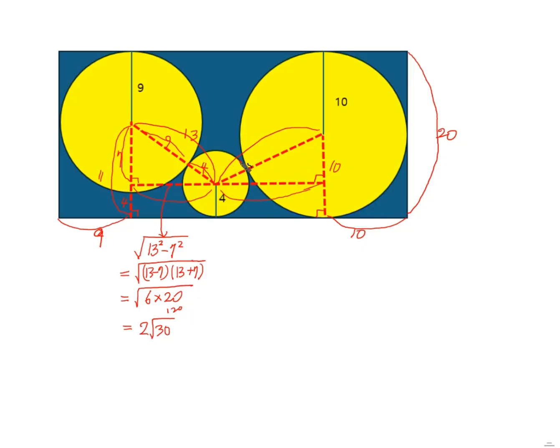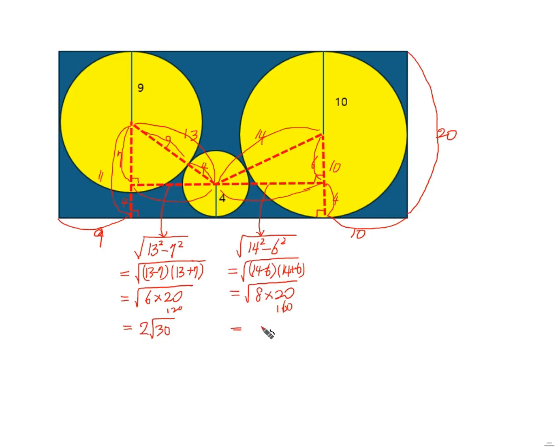Here 14. And here 4, so this is 6. Then this line is root of 14 squared minus 6 squared, equals root of (14 minus 6)(14 plus 6), equals root of 8 times 20, 160.